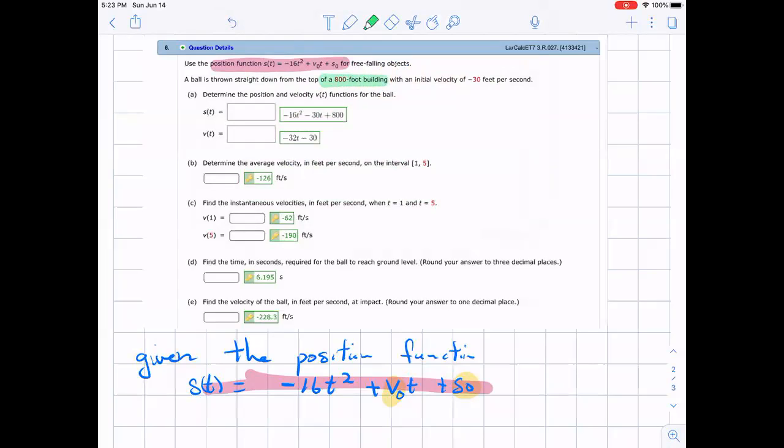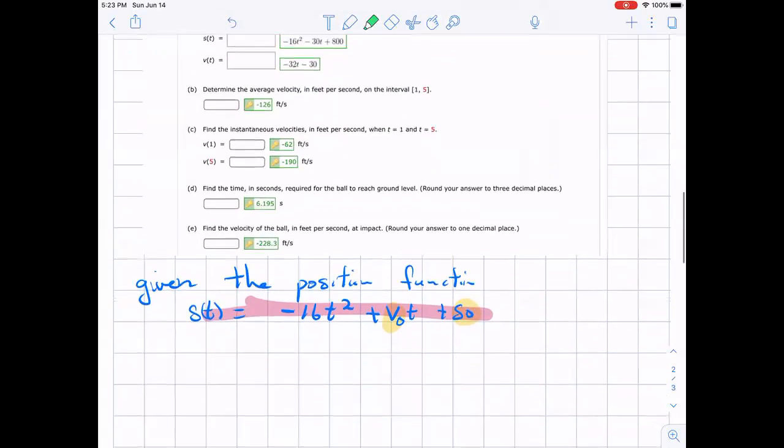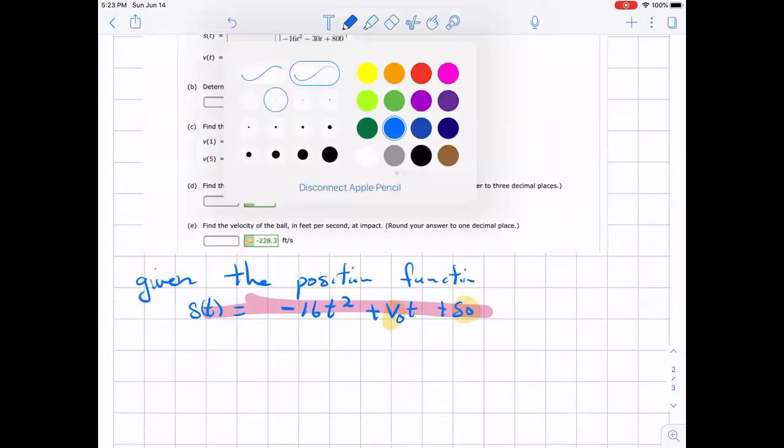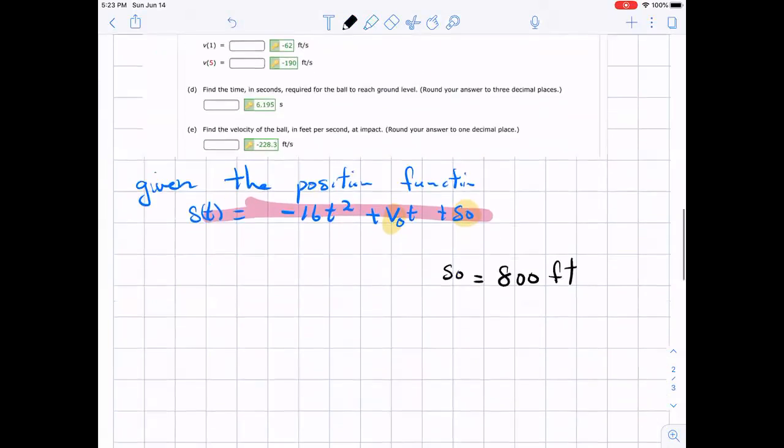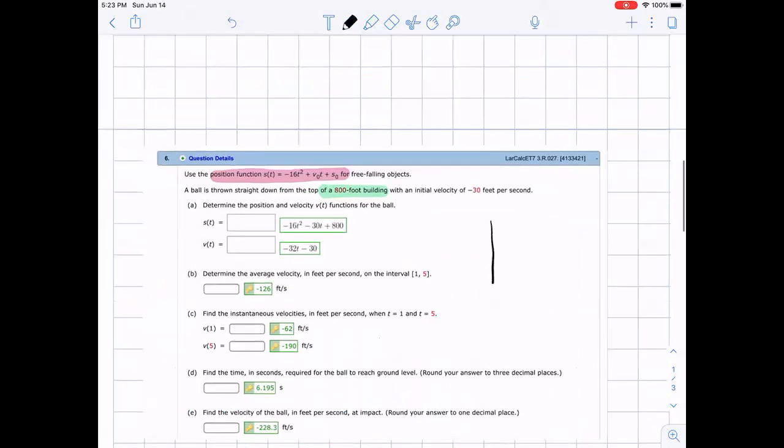So that means when the time is 0, you're 800 feet in the air. So S0 is equal to 800 feet. It's telling you that you're on top of a building.